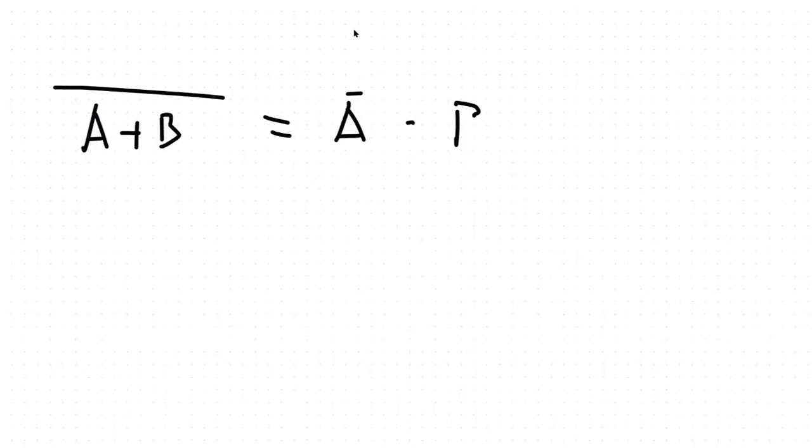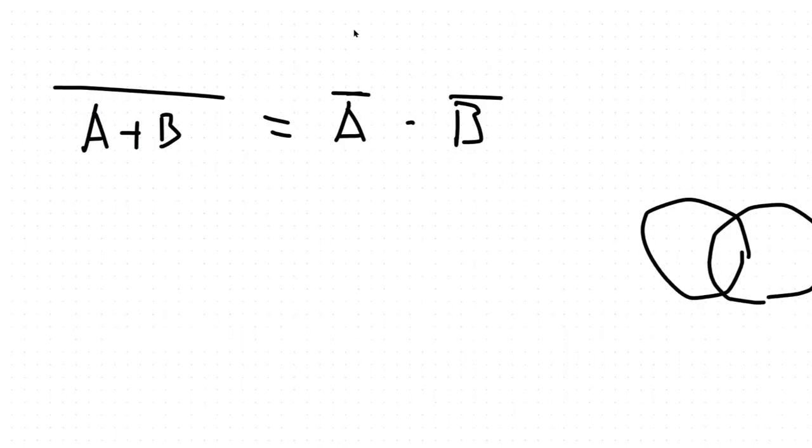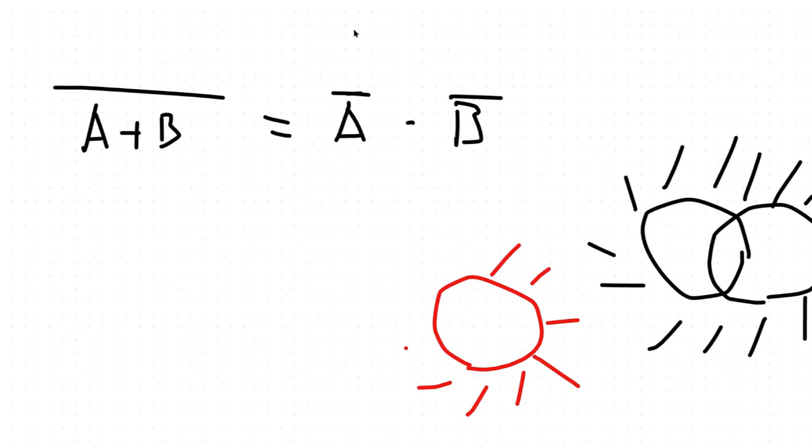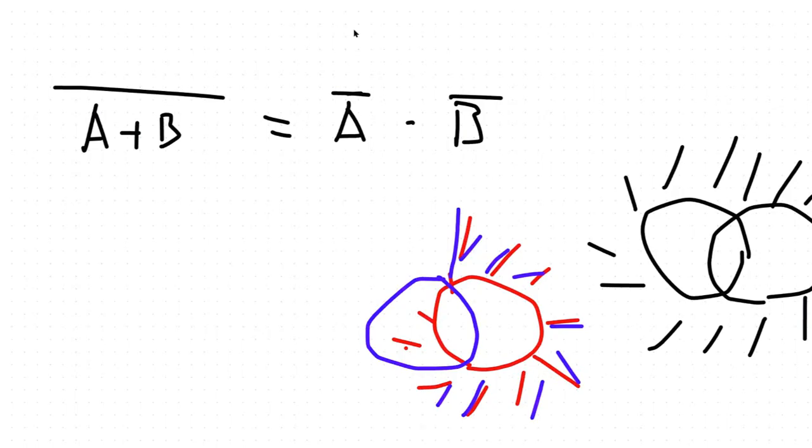You have (A or B) bar, which is outside of these, not in A and not in B. So A bar and B bar is not in A, and then not in B. So not in A and not in B is not in either A or B. These two are the same. Okay, by Venn diagram it is the same.